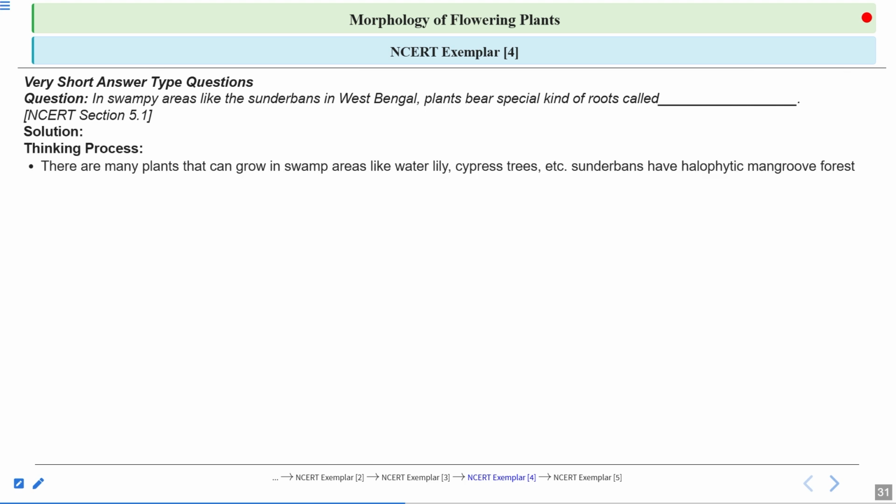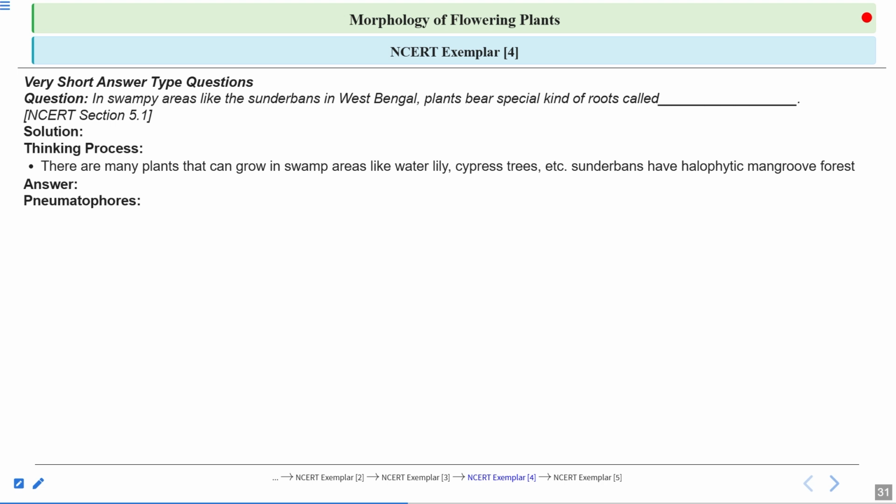So there are many plants that can grow in swampy areas like water lily, cypress tree; Sundarbans have the helophytic mangrove forest. Okay. So what feature do we see in the case of mangrove? Pneumatophores, right?